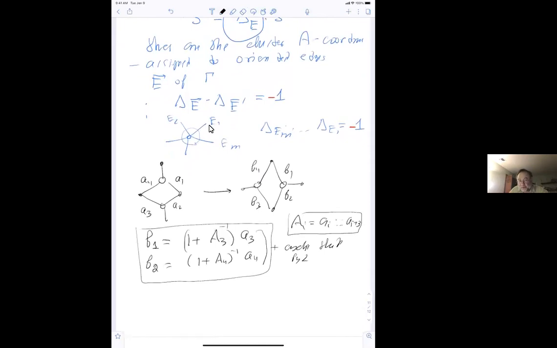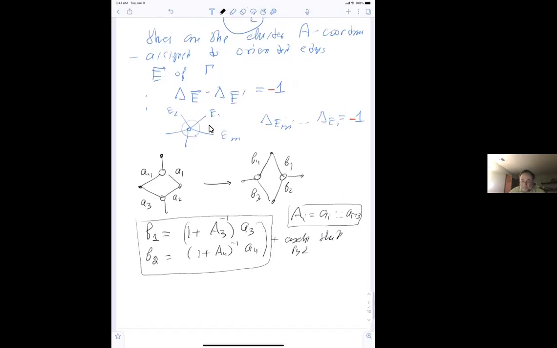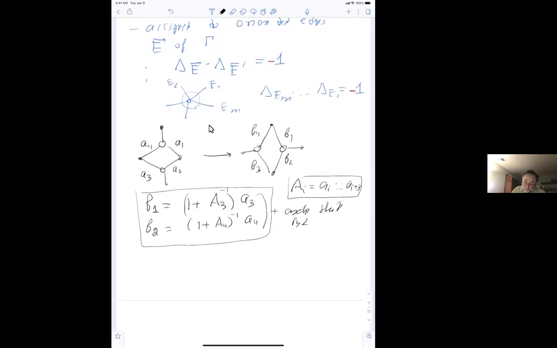So that's it. Now, after this, you have a definition of what a cluster variety structure is. This means assignments of such non-commutative elements to edges of any graph you have in your story, and then relating any two of them which are related by a 2x2 move by this specific transformation. So that's the definition of the A case.